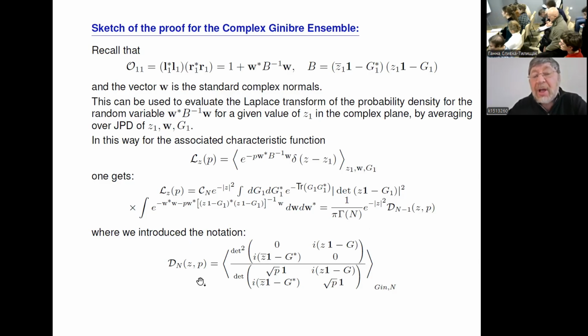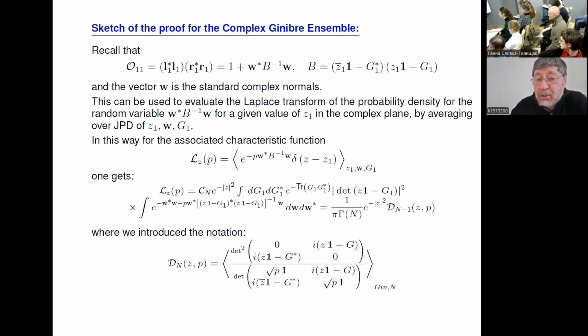The object of interest is not dissimilar, but somewhat more complicated than the one we encountered in our calculation of the first moment of this distribution. For the first moment, we just need to average this type of determinant with non-vanishing diagonal. Here we need to average, first of all, this determinant squared, but also divided by a similar object with non-vanishing diagonal. And we need to organize this computation.